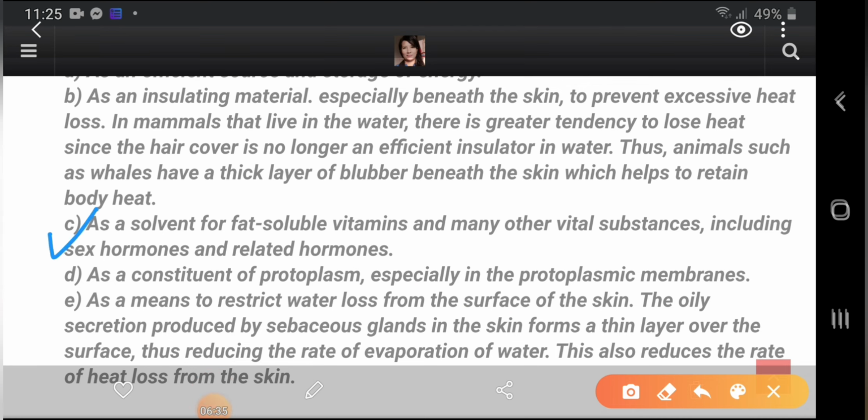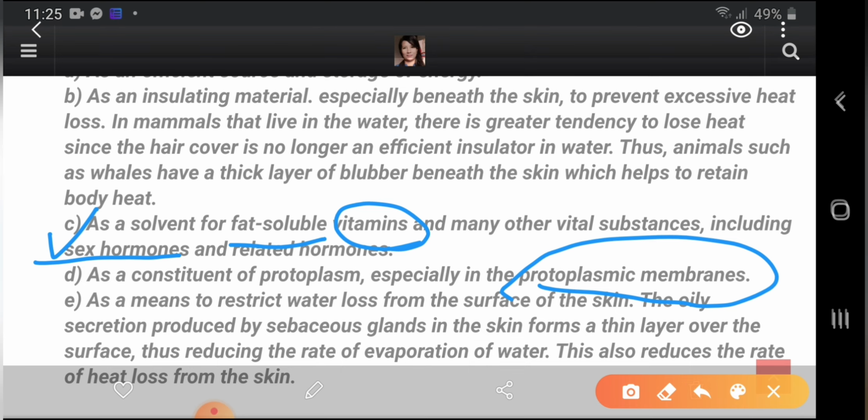Another function is as a solvent for fat soluble vitamins and many other vital substances, including sex hormones and related hormones. It is also a constituent of protoplasm, especially in protoplasmic membranes.